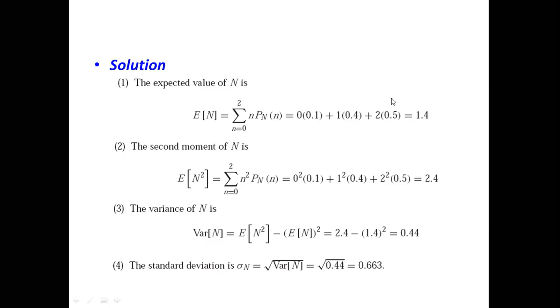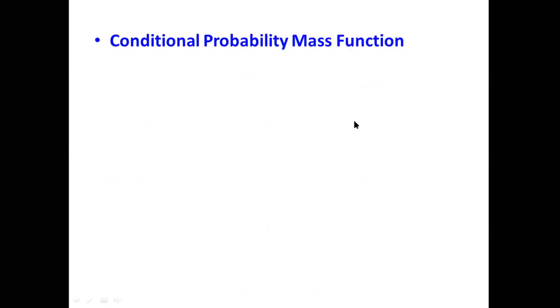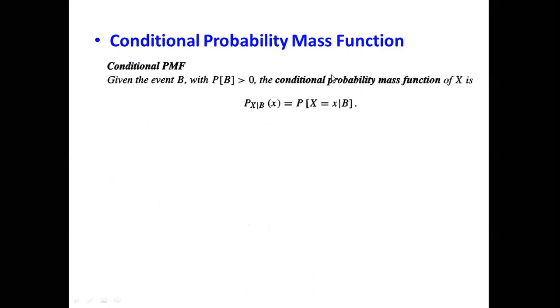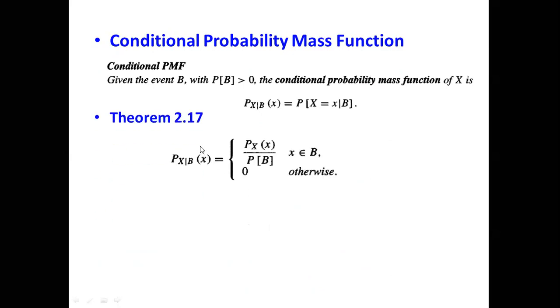Okay, I think we have understood how to solve this kind of problem. Let's take this conditional probability. Already we know what the conditional probability is. This conditional probability mass function is something like the probability of X equal to x given condition B. We already know that the conditional probability is P(x and B) divided by P(B).